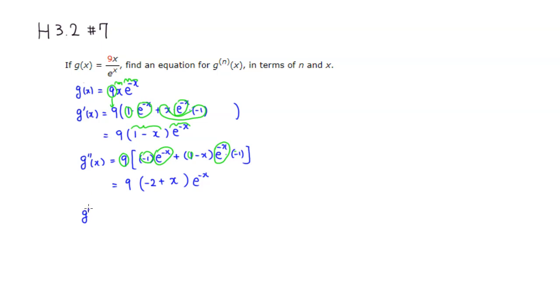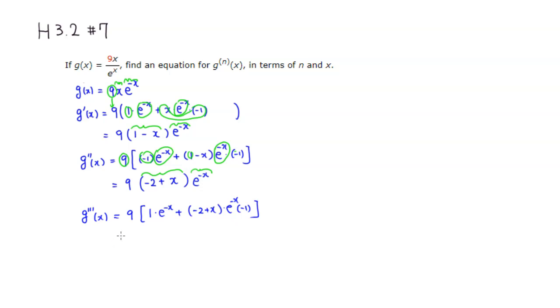So we have the third derivative. We're going to leave 9 alone, and take the derivative using the product rule again. This is the first guy, this is the second guy. Derivative of the first guy is 1 times the second guy, e to the negative x, plus the first guy, negative 2 plus x, times the derivative of e to the negative x, which is e to the negative x times negative 1.